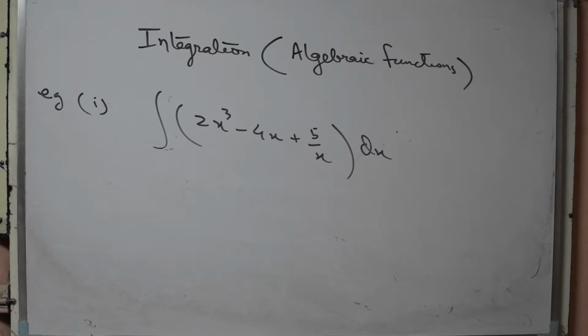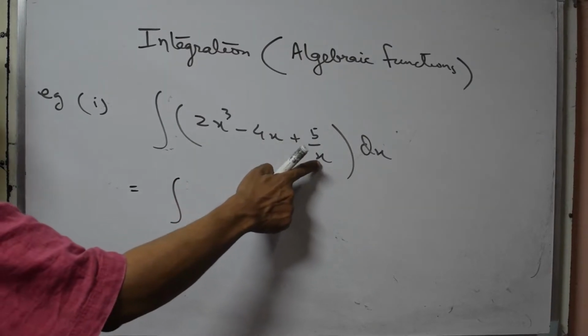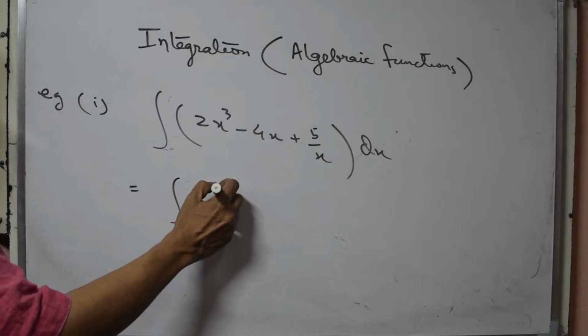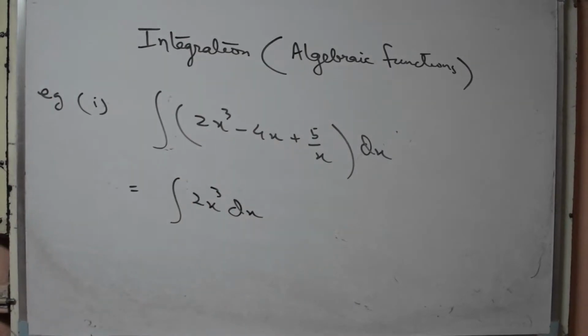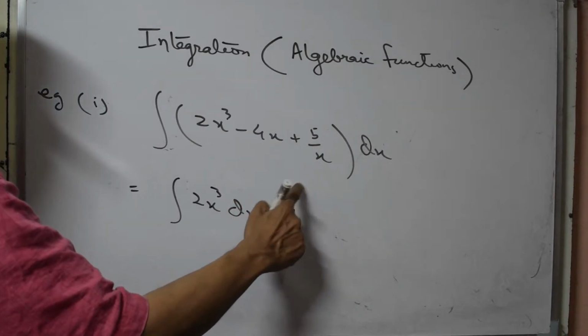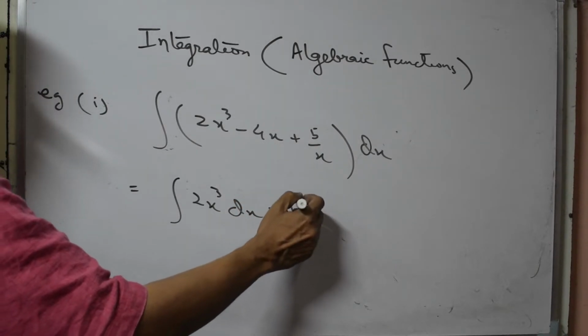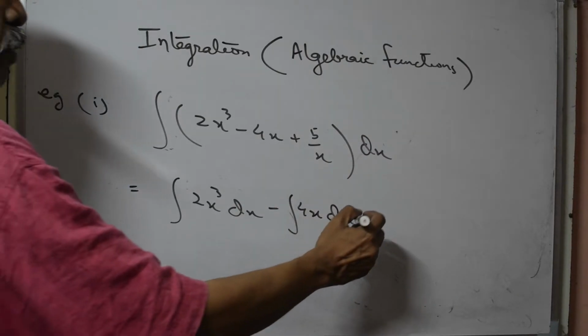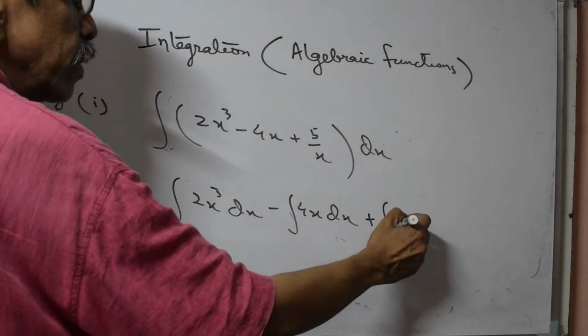We will first separate the terms. We don't need to simplify too much. The only thing is that x is in the denominator. So we will write 2x cube dx as the first term, separated, then minus 4x dx, the second term, and the third term is 5 by x.